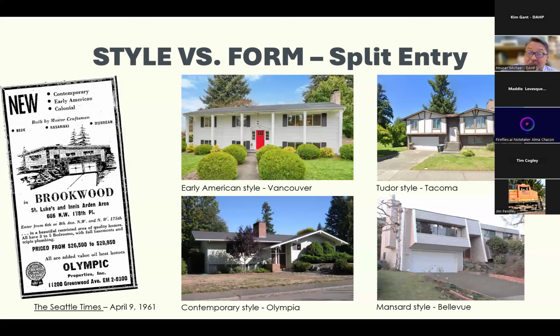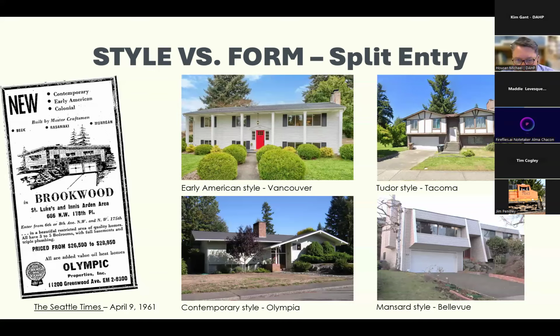I've been thinking a lot about split level because I'm going to be doing a lecture on split level and split entry later this fall. So when we look at the split entry, this is a good way to look at it, right? I think everybody knows what a split entry building is. It's the form itself. It's a two-story building and it's got the entrance midway between the two floors. But if you look at the style that's applied to these buildings, they look all very different.